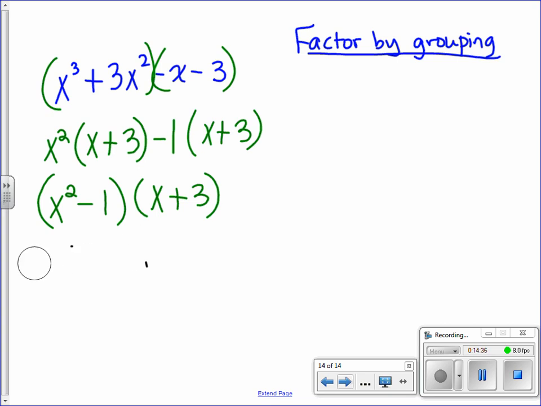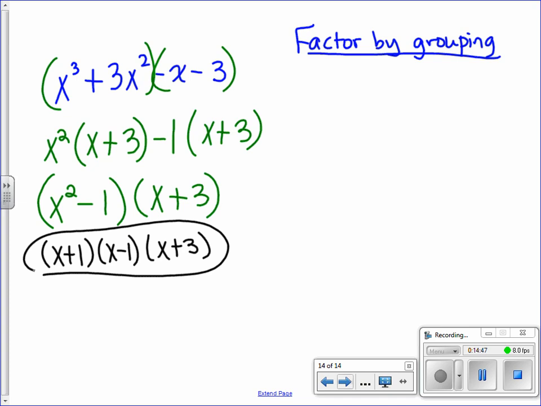Okay, so you think you're done. You're not done. Now you're done. If you get down here to a quadratic, you have to see if it factors. You have to check it for factor.